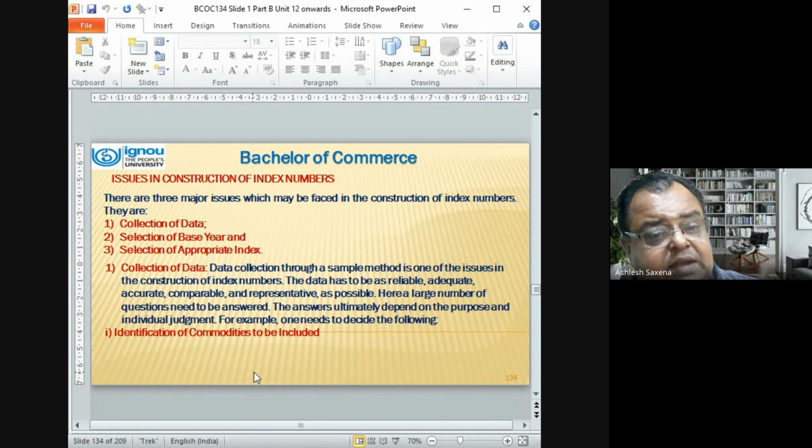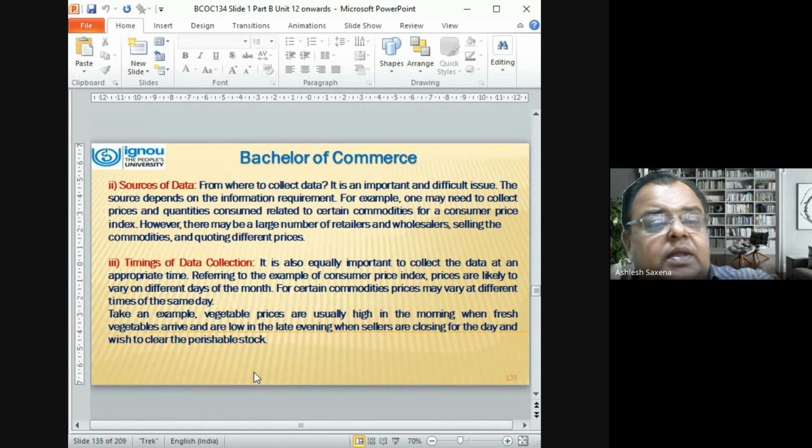Here, a large number of questions need to be answered. The answer ultimately depends on the purpose and individual judgment. For example, one needs to decide the following: identification of commodities to be included. Second one is source of data. From where to collect data? It is an important and difficult issue.